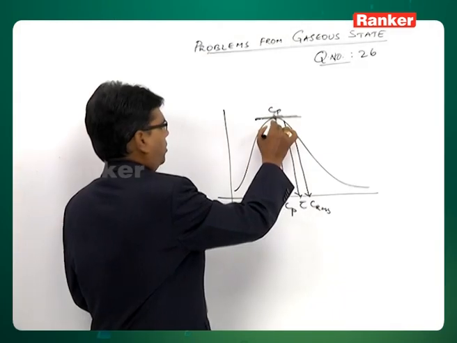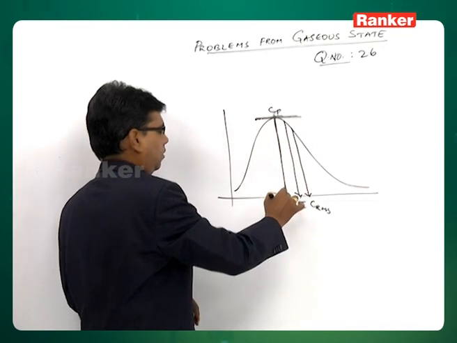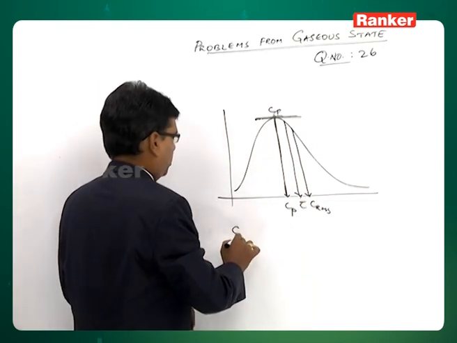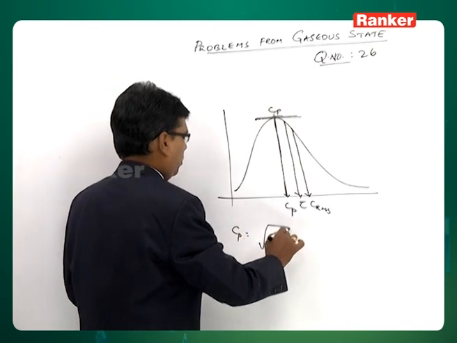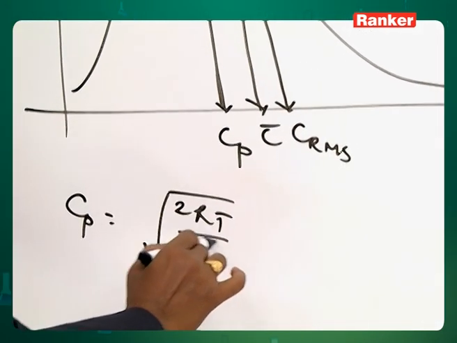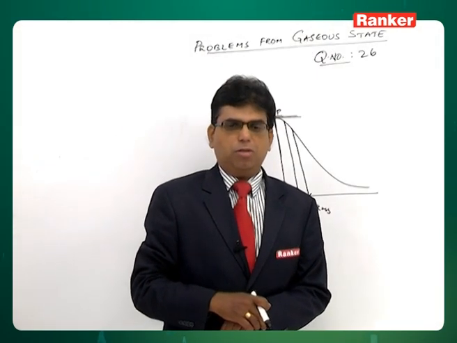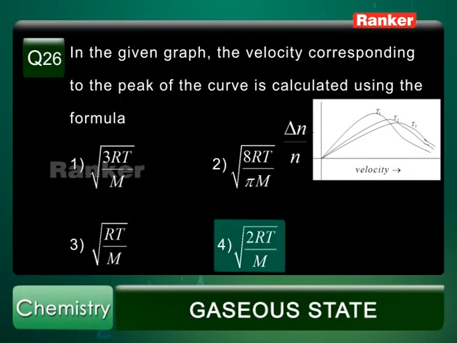So the velocity corresponding to the height of the peak is nothing but the most probable velocity. And Cp, as we just wrote, is under root 2RT by m. So the correct answer is option 4.